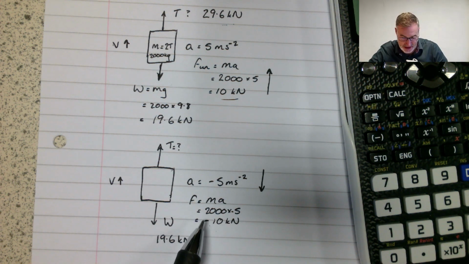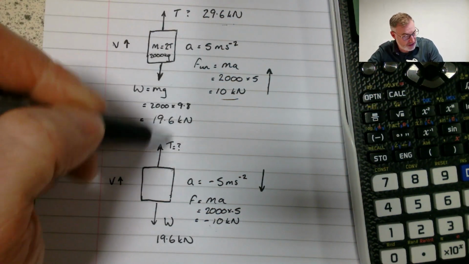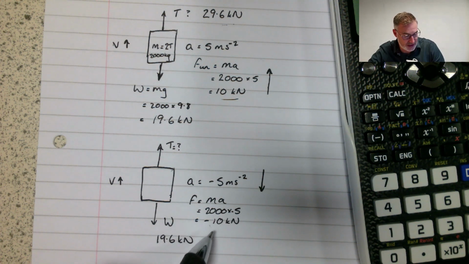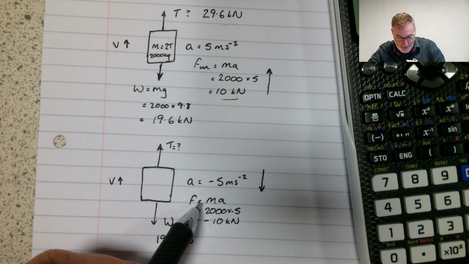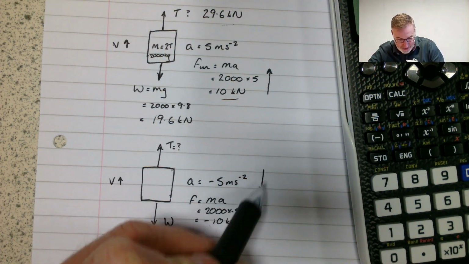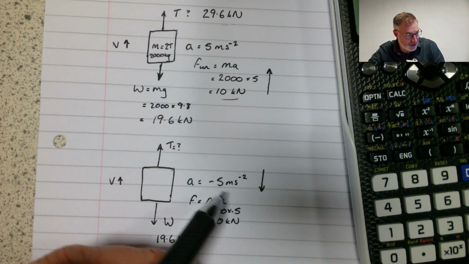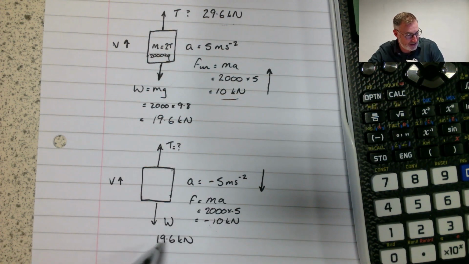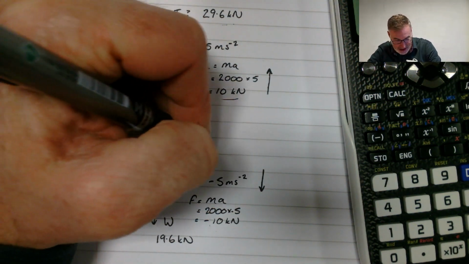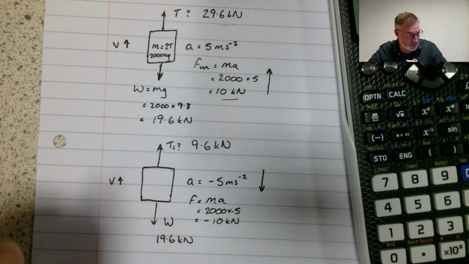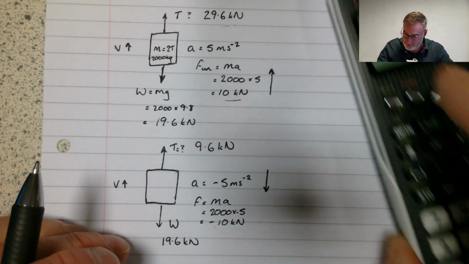Pluses and minuses are to signify direction. If this is the positive direction, a minus 10 kilonewton force means that it's going to get taken off of this. To have a 10 kilonewton force going down means that tension is going to be 10 kilonewtons less than the weight. And so in this case, the tension will be 9.6 kilonewtons. Okay.